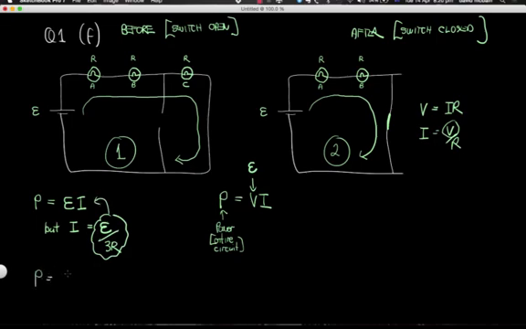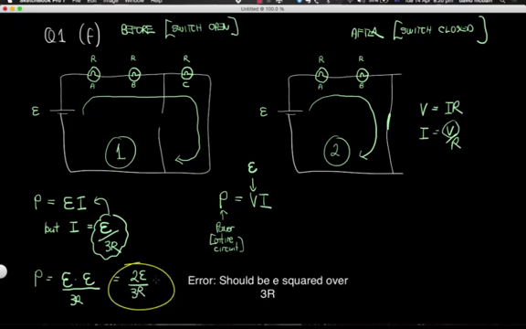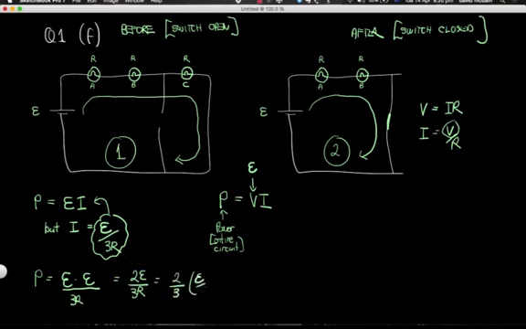Power will equal E times E over 3R, and that equals E squared over 3R. Okay, so that is our power.